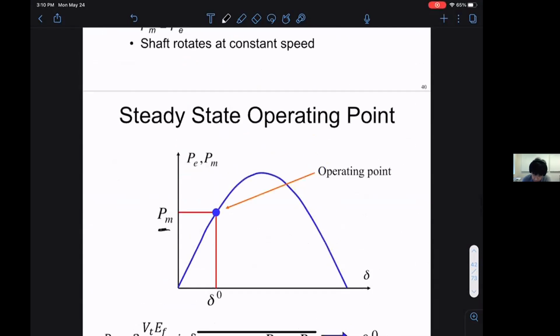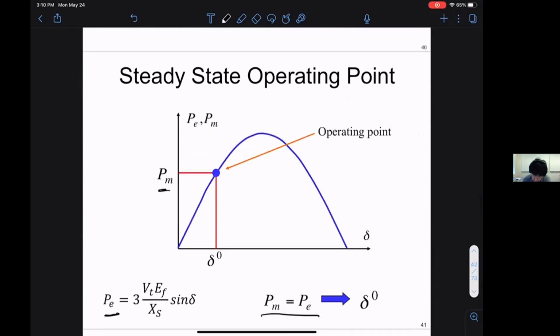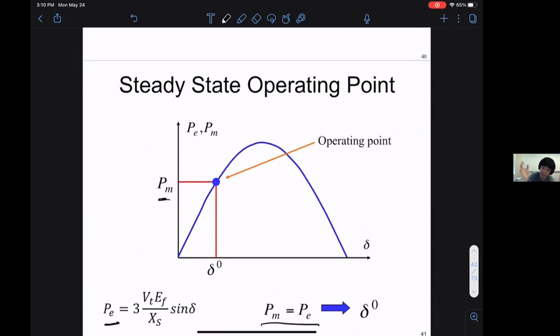Right, so this is the stable steady state operating point. This is always to the left of 90 degrees. We'll see this again for induction generators, or for induction machines. But in power systems, you have this quite a bit. There are multiple solutions to the equations because the equation involves sine and cosine. There's almost always more than one solution. You need to figure out which one is the stable one. For this small system, it's trivial.